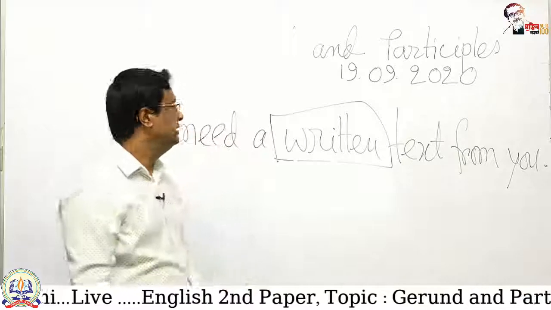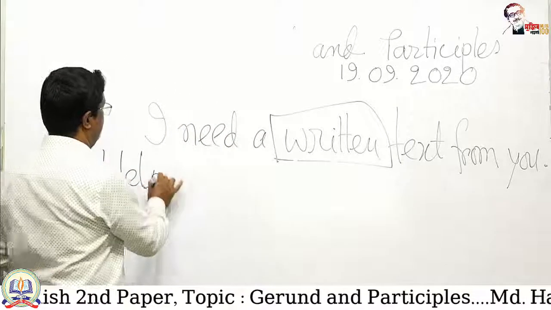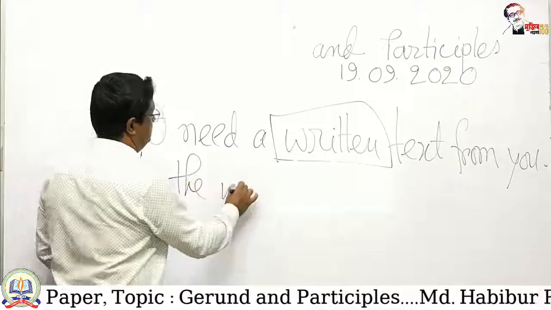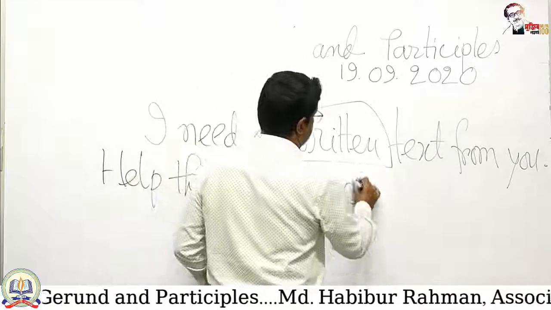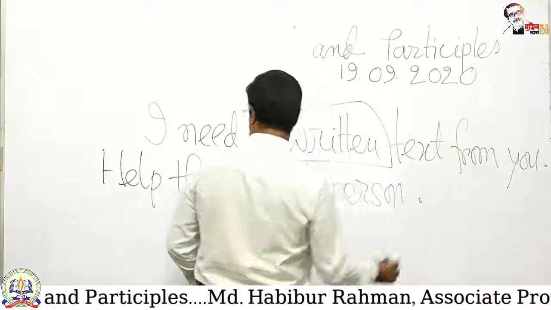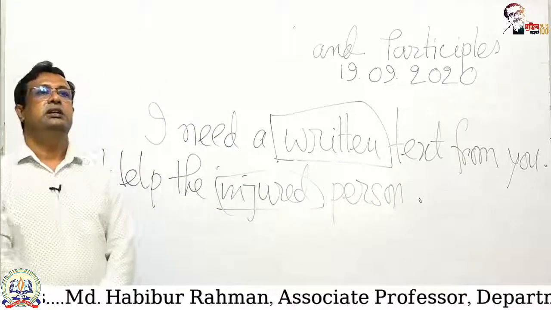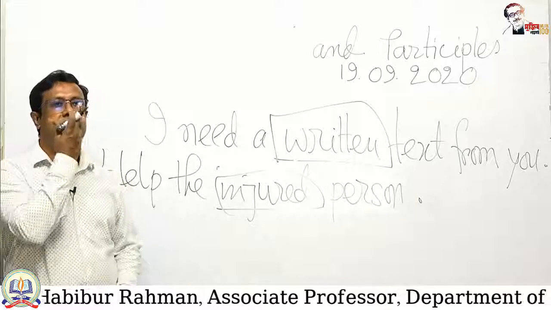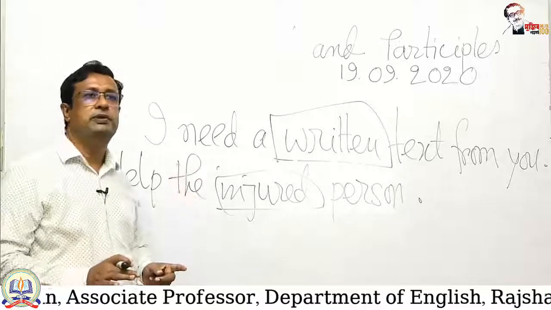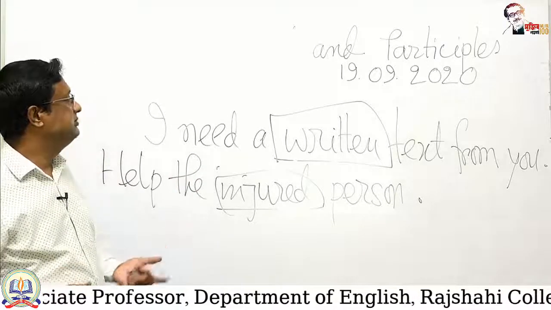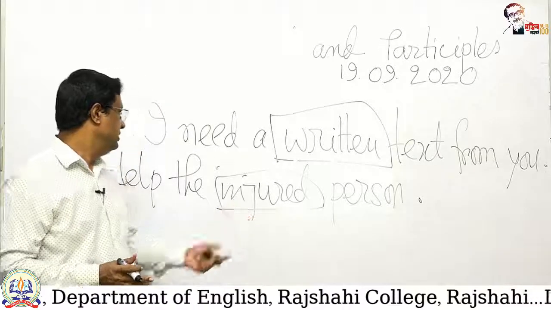Text is the noun. In this way, "Help the injured person." Here you see "injured" is in the same way a pre-modifier. And this is like the present participle. We have seen the present participle as pre-modifier. Now we see the past participle.